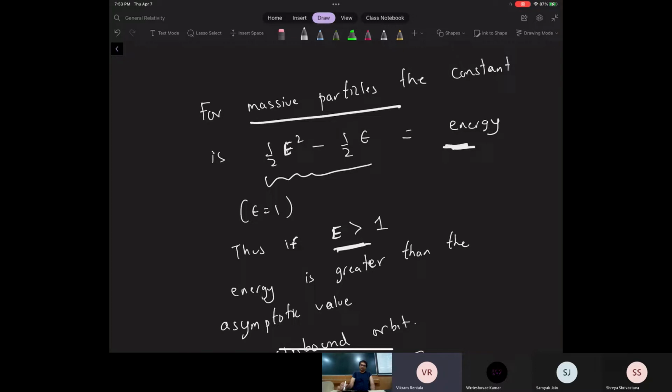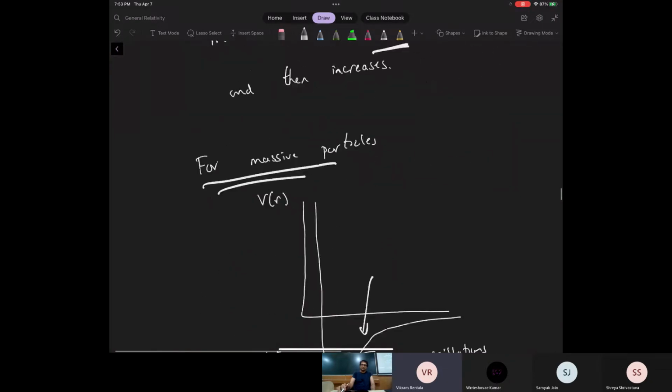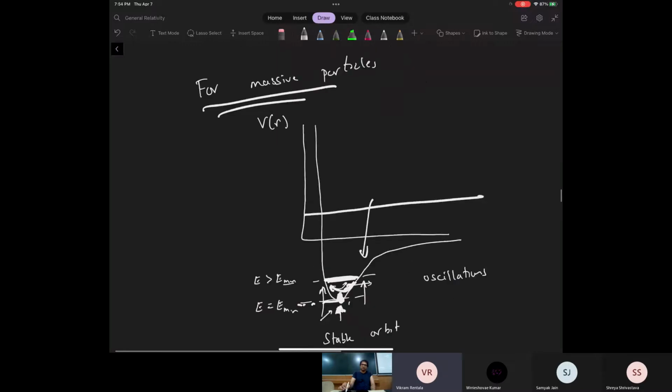So if epsilon is equal to 1, what we're saying is if E is greater than 1, then the total energy, that is this entire thing, is positive, which means that your energy is greater than 0. This value, what we're calling energy, is half E squared minus half epsilon in GR.